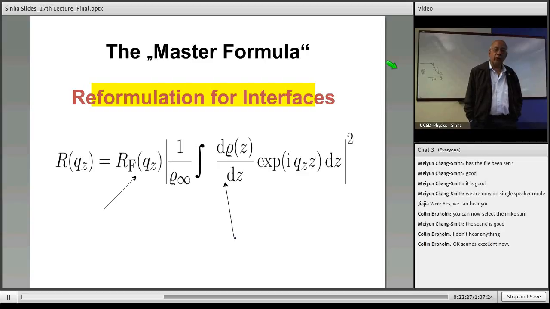When you get close to the critical angle, you've got reflectivity which is approaching 1, and that's certainly not weak scattering, because it's 100% scattering. And so one has to use methods that transcend the Born approximation if one is to calculate that accurately in the vicinity of the critical angle.